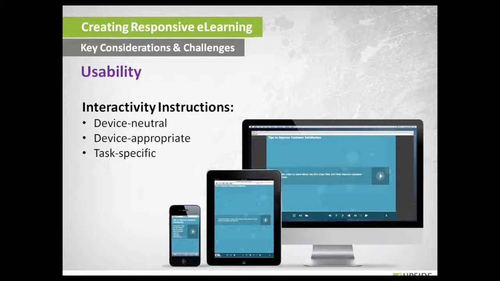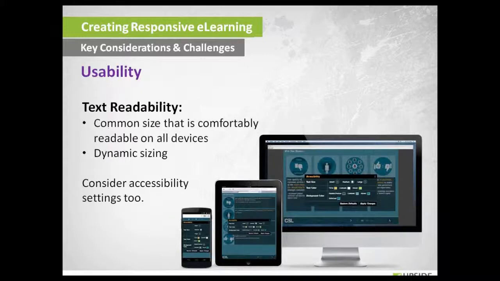Device appropriate instructions were the easiest to write, but we decided to go in for task-based instructions. Writing device neutral or task-based instructions can sometimes be challenging, especially where interactivities are used just to structure and display an introductory or general content or interaction for a module or a concept.